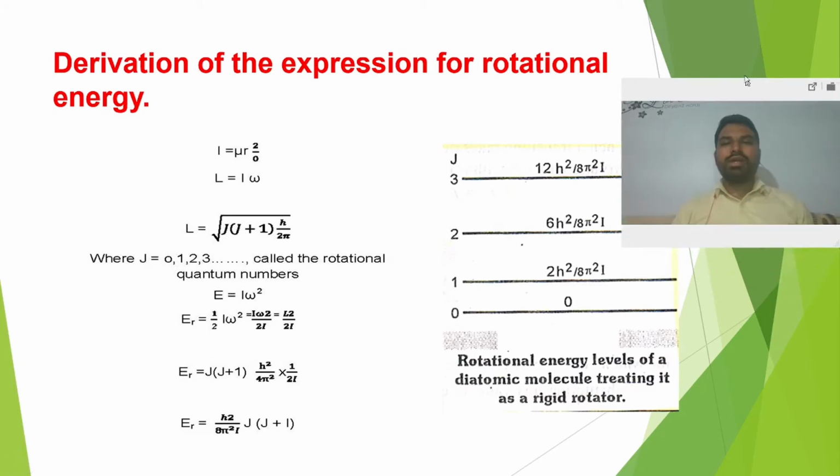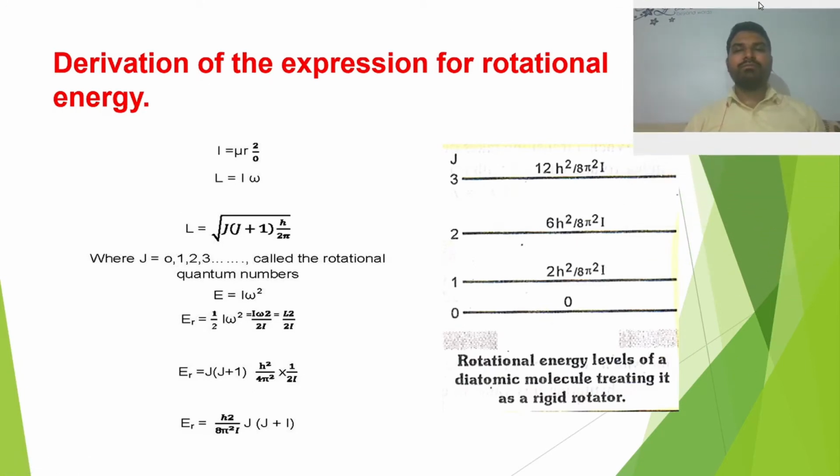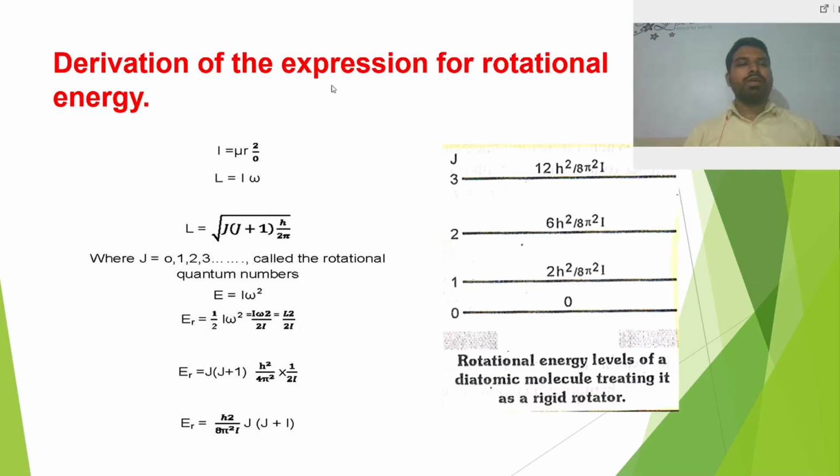Now, the derivation of the expression of rotational energy, where I is equal to nu r square. L is I omega, and L is equal to the square root of j into j plus 1 times h upon 2 pi, where j is 0, 1, 2, 3 for the rotational quantum numbers.